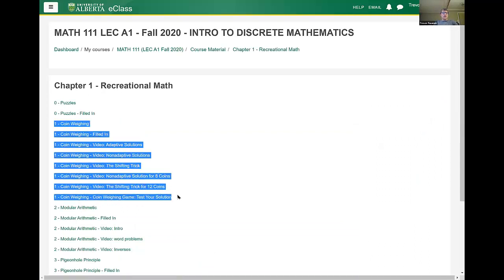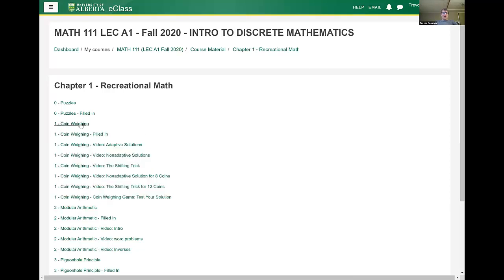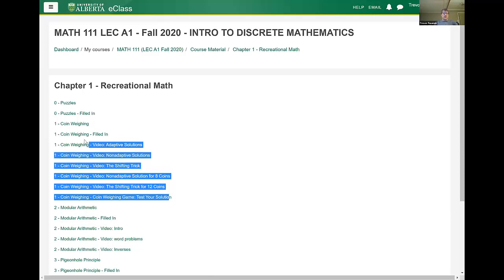So we want to go through those details. Coin weighing is the file with the blank problems. And then coin weighing filled in is where I've written in my solutions to the problems. And there are all of the videos that I've made to help you out with the coin weighing stuff.